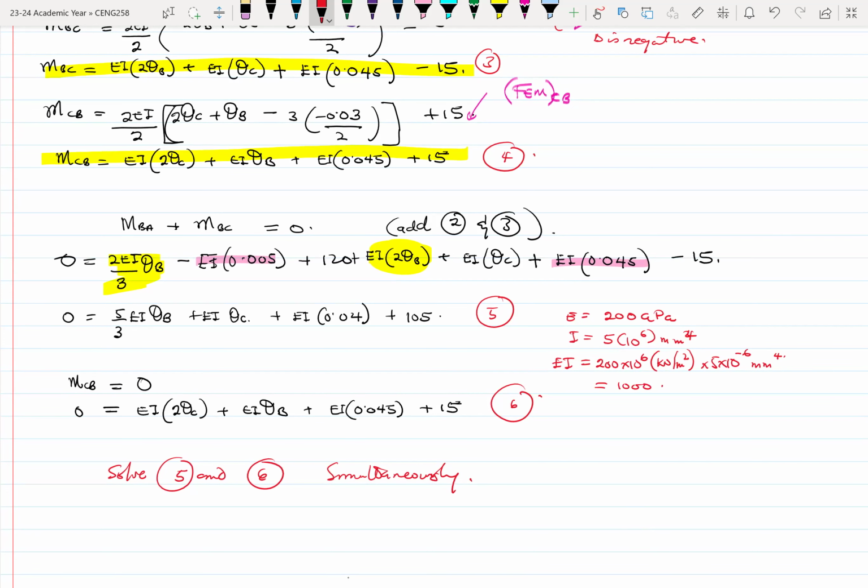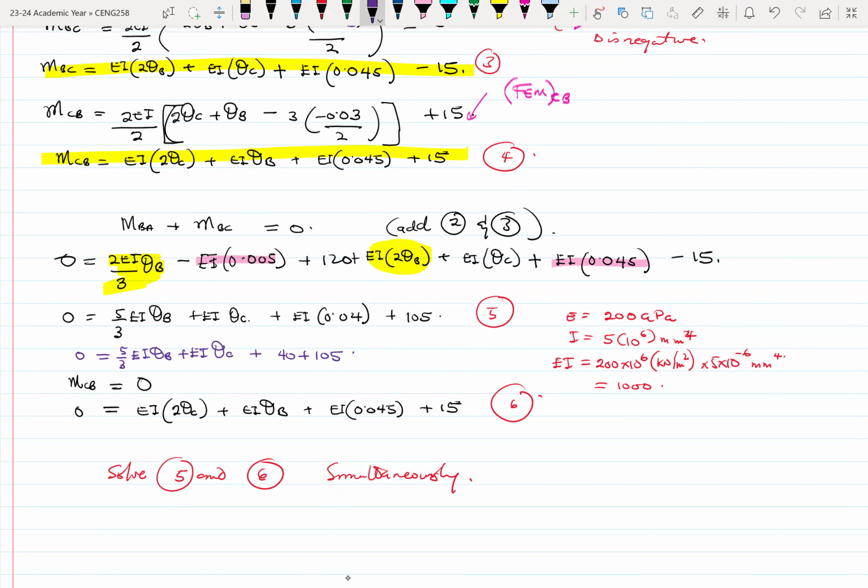All right. So what this will do is that I'll end up with 0 equals 5 over 3 EI theta B plus EI theta C plus, here our EI is 1,000, so 1,000 times 0.04. Hopefully everything is correct. So this becomes 40 plus 105.